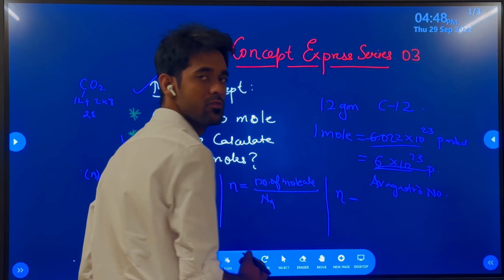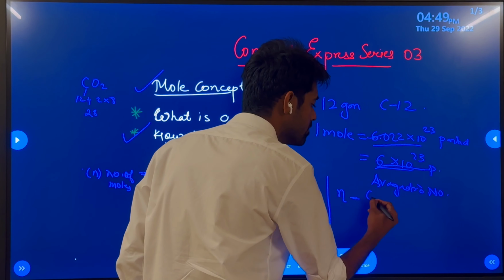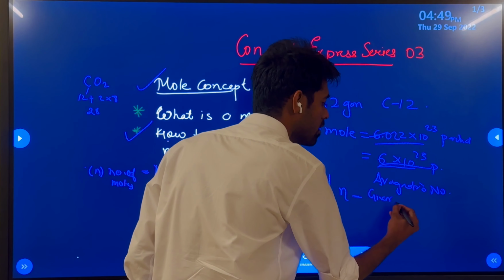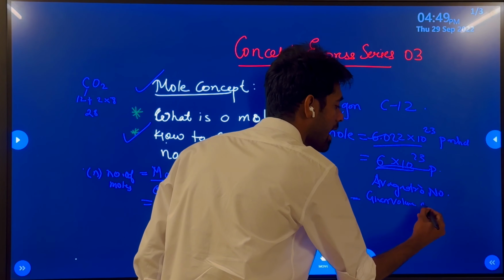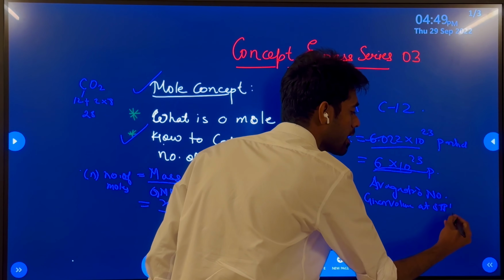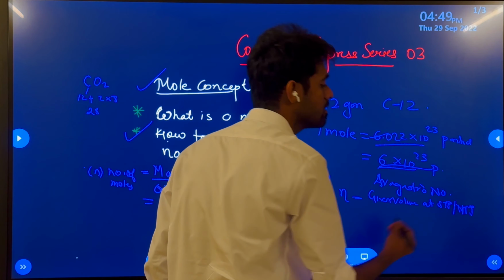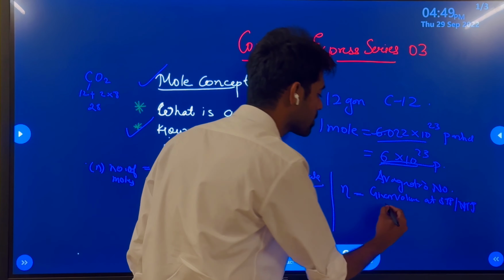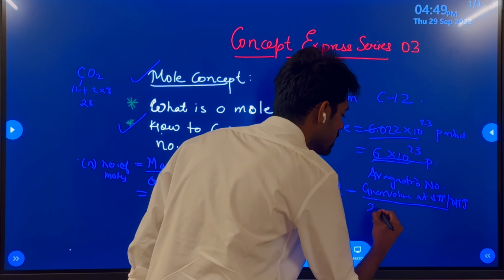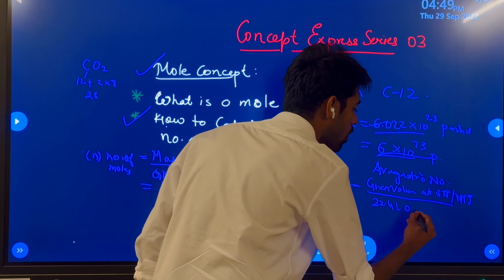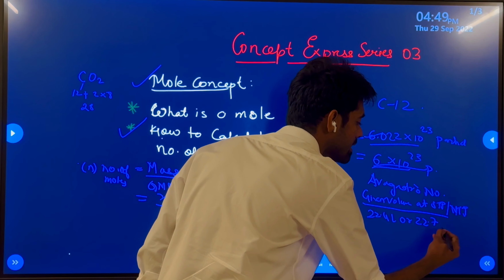Now, if they have given you a volume, this is applicable only for gases. Number of moles will be the given volume at STP or NTP, which is standard temperature pressure or normal temperature pressure, divided by 22.4 liters or 22.7 liters.